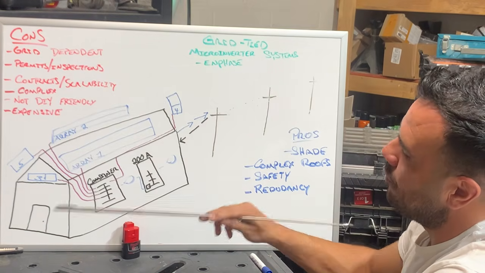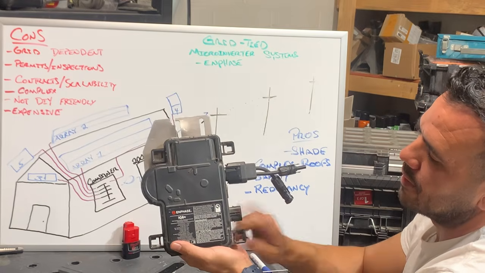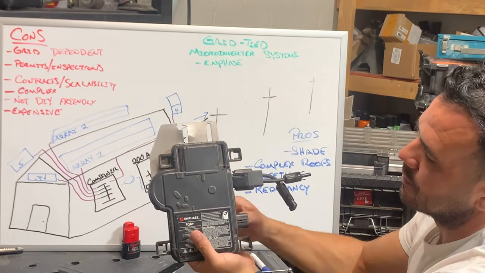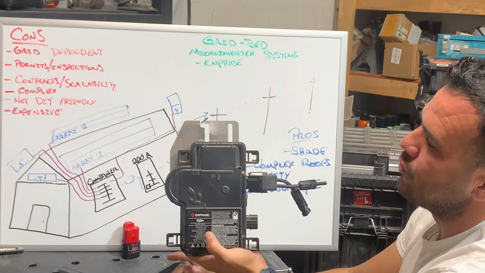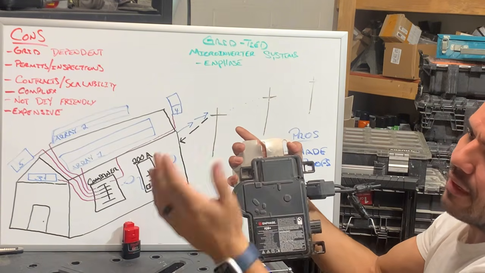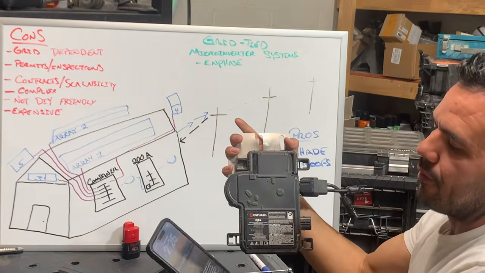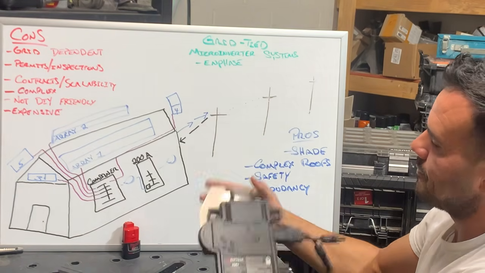But what that computer is doing is tracking the performance of each one of your solar panels via the microinverter, because it's communicating to the computer. It's telling the individual performance of each solar panel, and it's transmitting that information, the data, to the cloud, so you can literally pull up your phone and look at how well each one of your solar panels is performing.